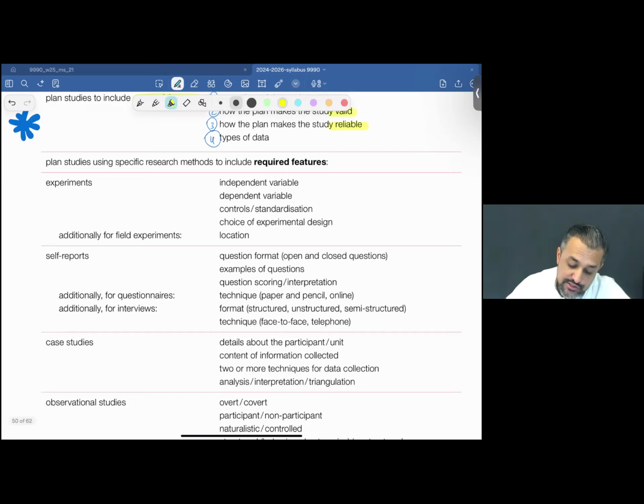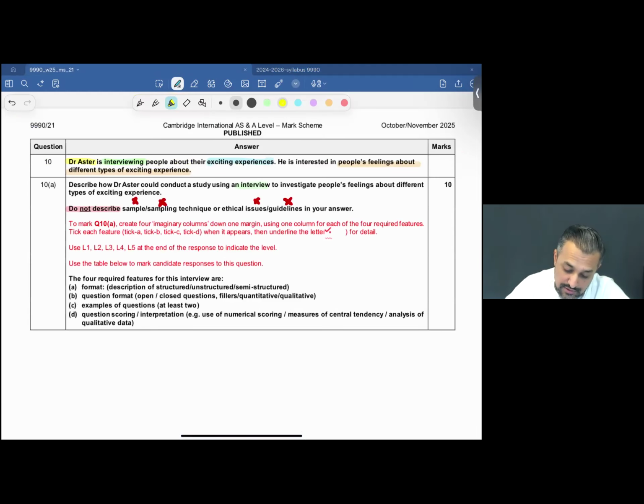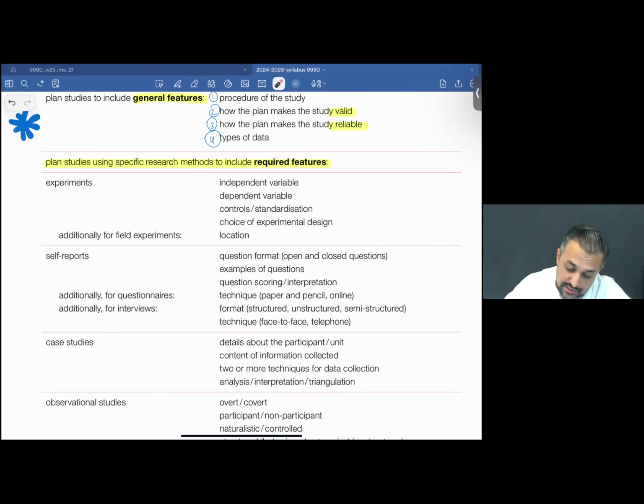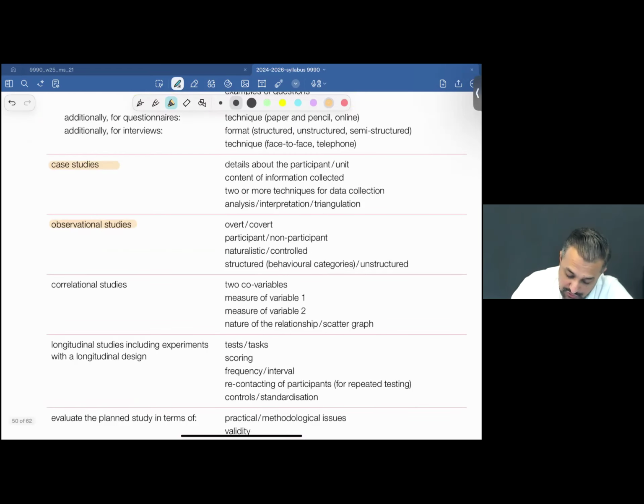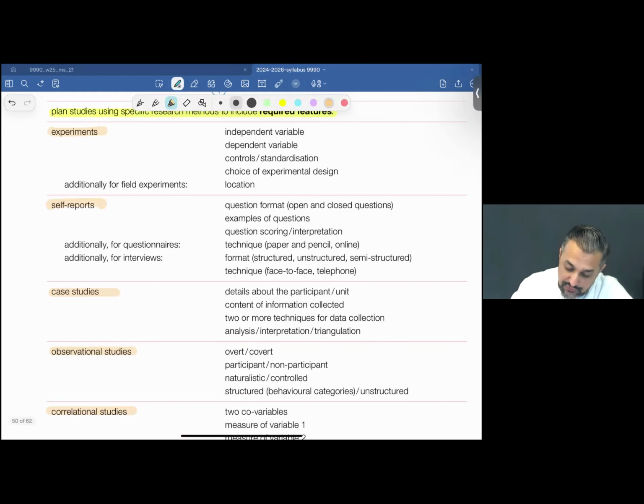Planned studies using specific research methods should include required features. Now, if you remember this question over here, they've asked you to describe how Dr. Astor could conduct a study using an interview. Just like interview is an example of a self-report measure, you see these 6 different research methods that are part of your syllabus. For each research method, you have certain features mentioned.